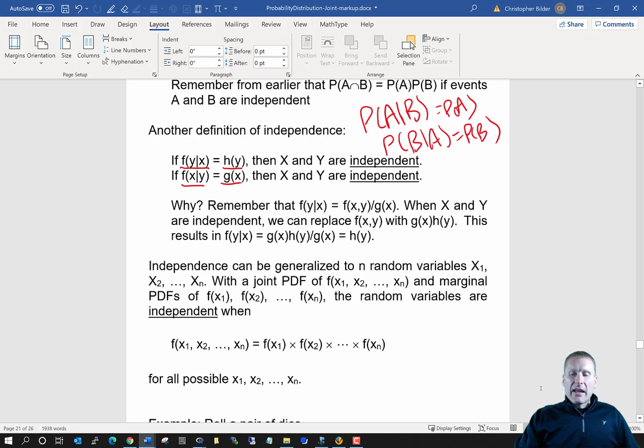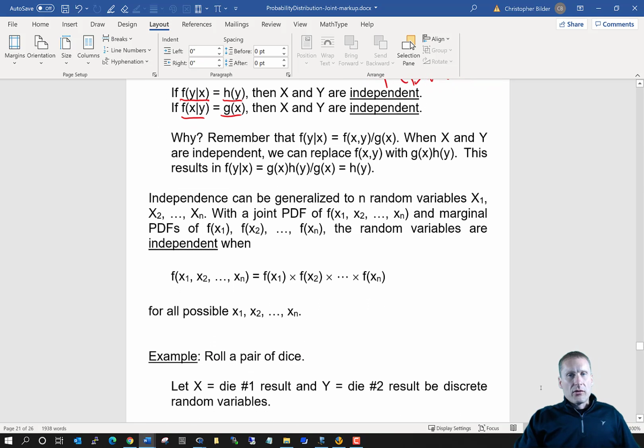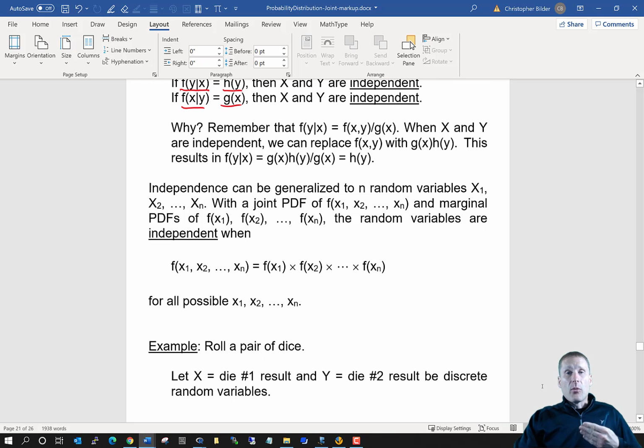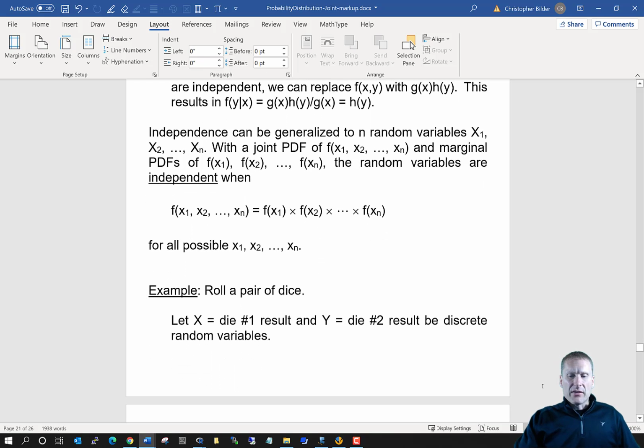Now, we can extend the idea of having two or more random variables, and we can extend it to the idea of independence. And this is very useful for us in what we will do later in our course. Let's say we have x1, x2 down to xn as potential random variables. Each has a particular marginal PDF.